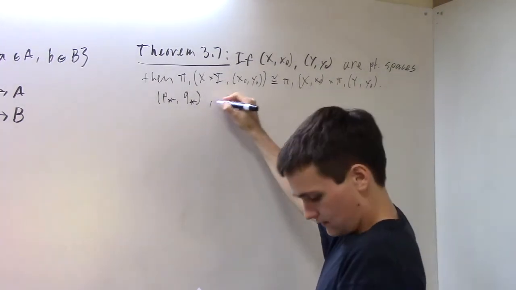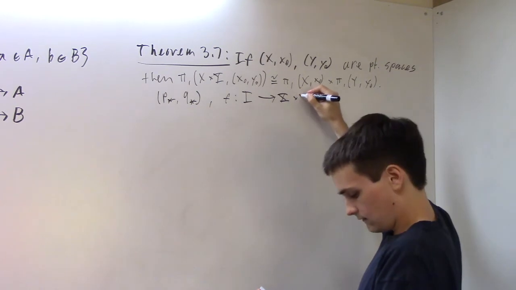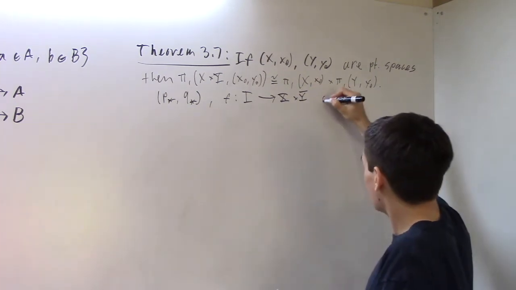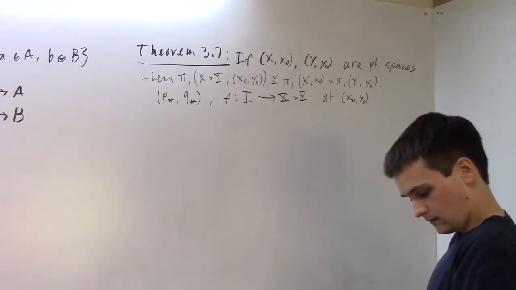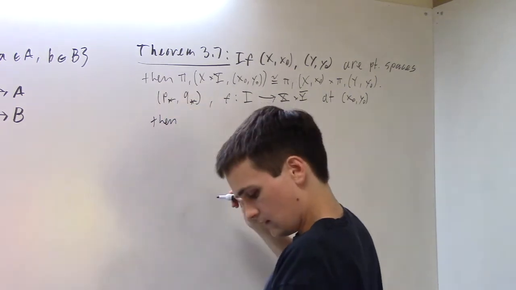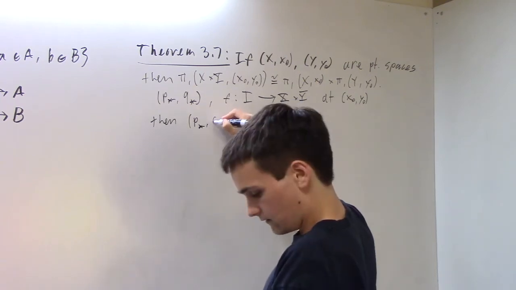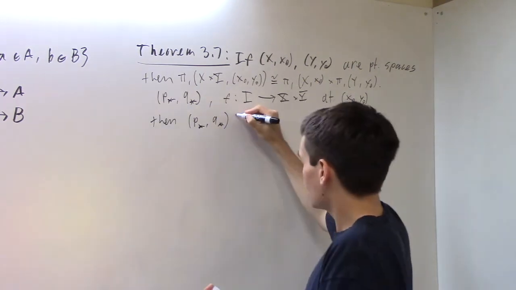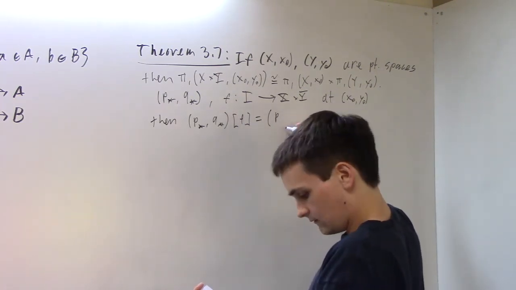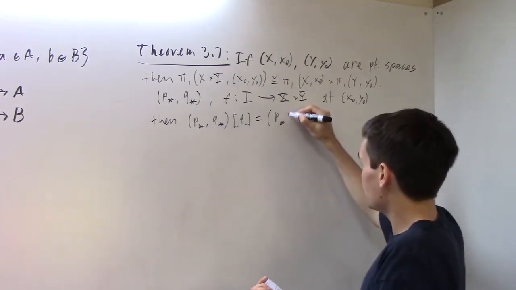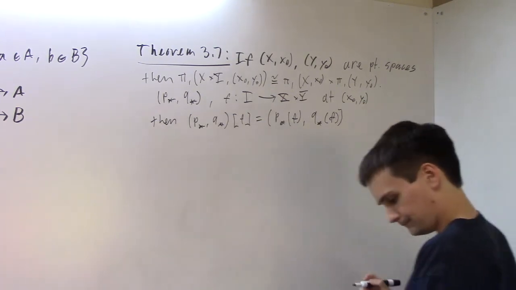So if f is a closed path at (x₀, y₀), then (P*, Q*) acting on f is equal to the map induced by P acting on f, the map induced by Q acting on f.